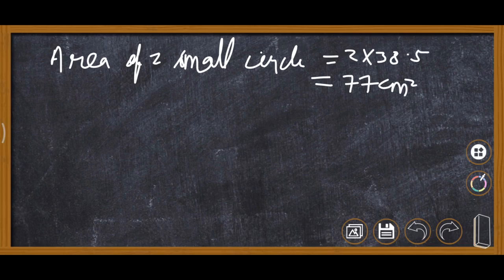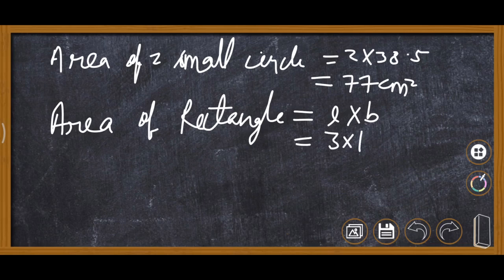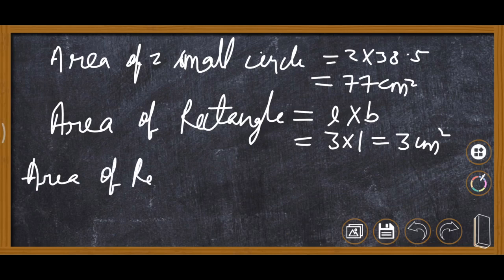Now we will find the area of one rectangle, that is given. Now the area of rectangle is L into B, length is given 3, breadth is given 1, so it is 3 centimeter square. Now here we will find the area of the remaining sheet.